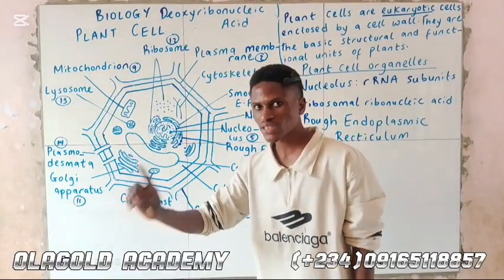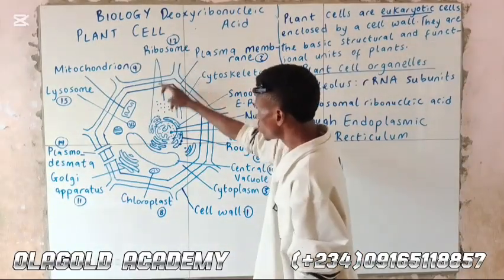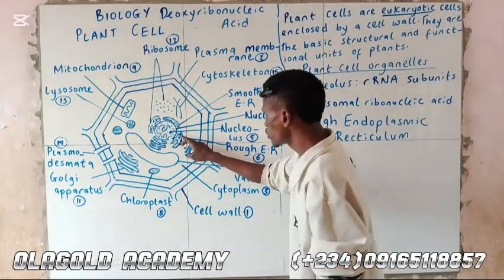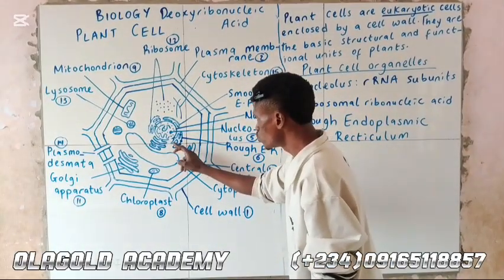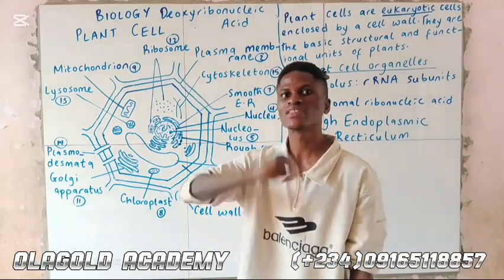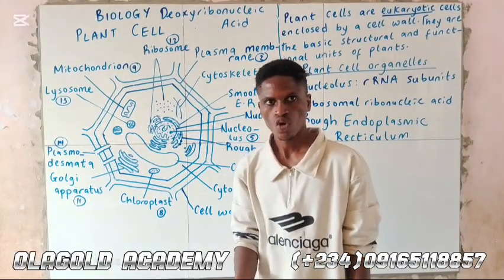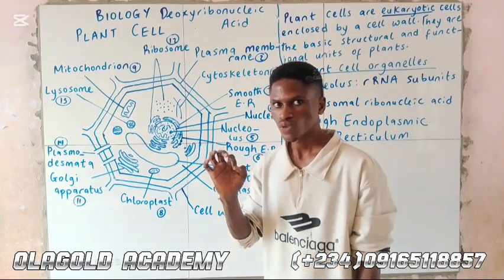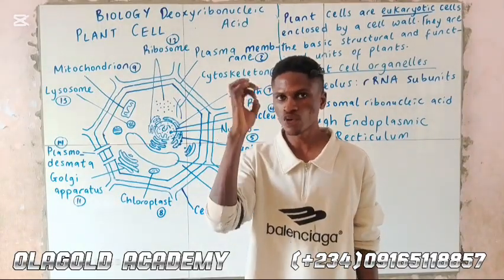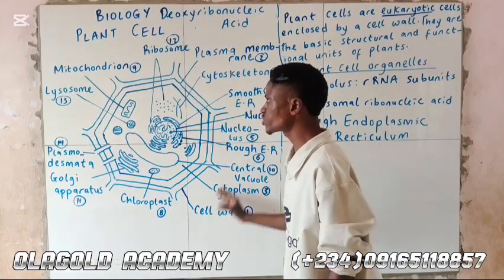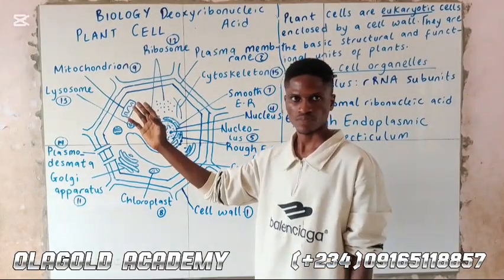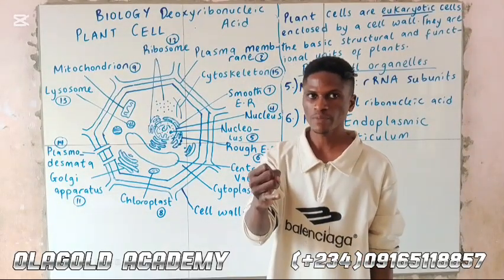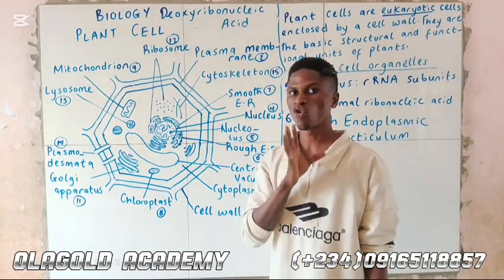But the proteins that the ribosome produces with the rough endoplasmic reticulum are being used outside the cell. Some of them are used by some organelles, but the protein they produce are mainly used outside the cell. And I mentioned that they form the digestive enzyme. They also form the hormones.